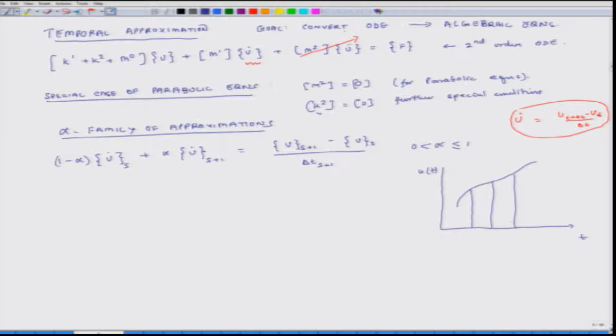Let us say this is t0, where the time is starting, this is the first time step, delta t1, and then the second time step is between t1 and t2, that is delta t2.